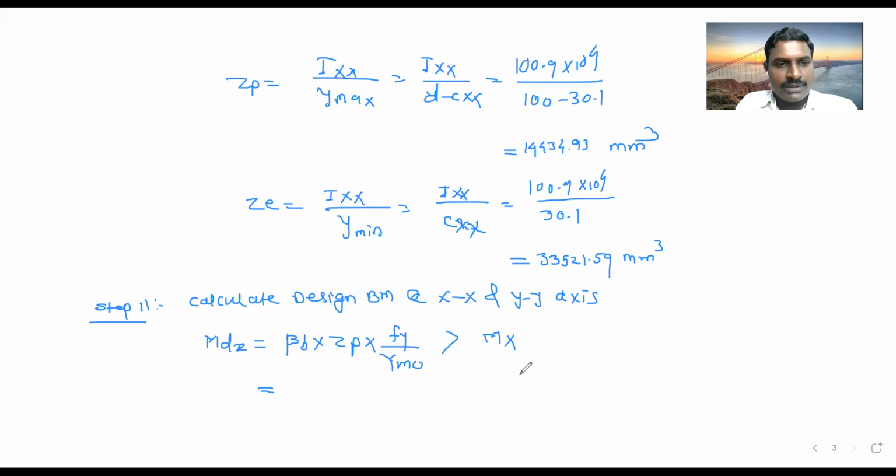Can you go to chapter number 6 where we have used this beta B formula? So there I have written the formula. This beta B value is 1 for plastic and compact, and again the next value is for slender classification. For slender classification, what is the value of beta B?